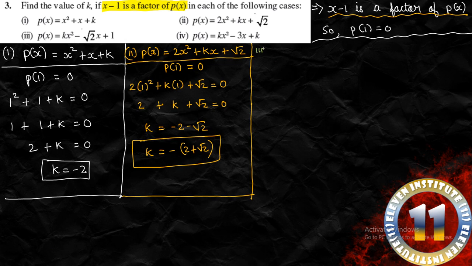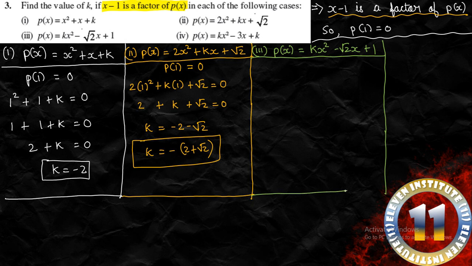So now we have the third one. Again we will first write the polynomial over here. Right, and for this polynomial also we will take p of 1 as 0. So wherever there is x we will put 1 over there.